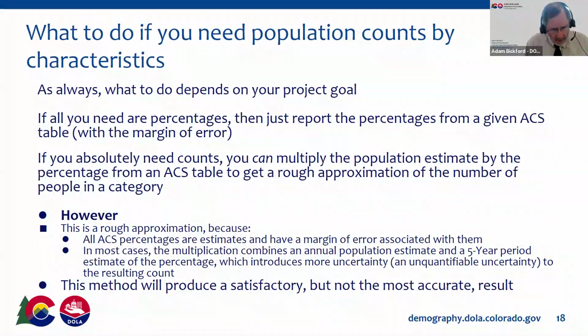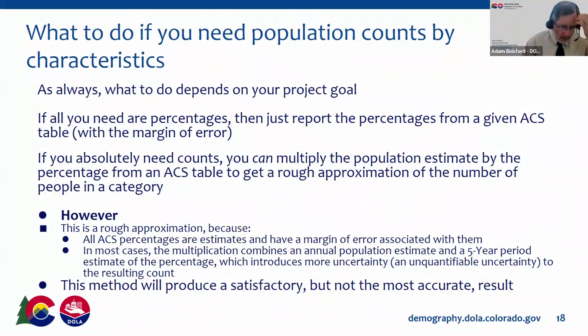And then in most cases, what you're doing is multiplying a single-year population estimate with a 5-year period from the ACS, which introduces more uncertainty into the result that you calculate. And unfortunately, we can't quantify that uncertainty.